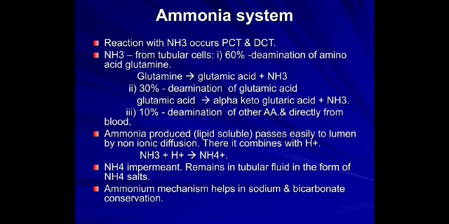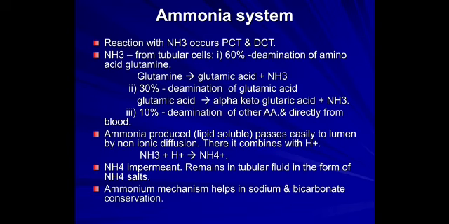Ammonia from tubular cells is mainly formed from deamination of amino acids, that is, glutamine. Glutamine is converted to glutamic acid and ammonia. The remaining 30% formation occurs by deamination of glutamic acid. The glutamic acid is converted to alpha keto glutaric acid and ammonia.